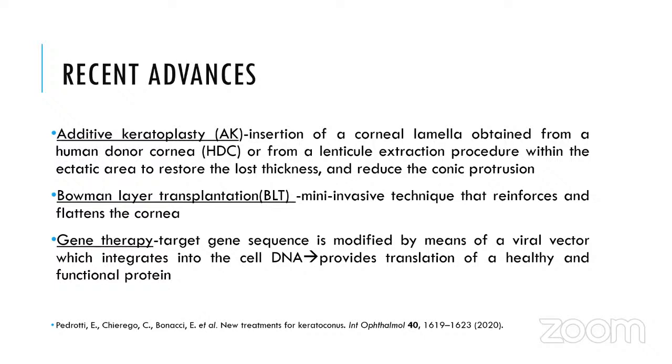So you reduce the aberration, then do CXL to fix the cornea, so the chances of spectacle corrected vision improving later on are better. And also then the patient can go for a phakic lens to correct whatever is the residual error. So nowadays that is commonly being done, rather than doing only PK. Of course, not in all cases it is possible, but in many cases it can be done.